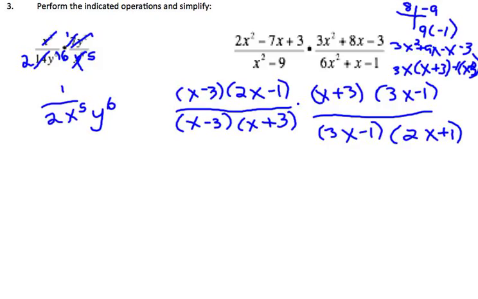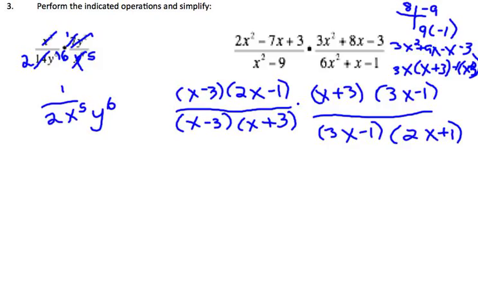I have 3x times 2x is 6x squared. Outer is plus 3x. Inner is minus 2x. 3x minus 2x gives me x. And then negative 1 times positive 1 is negative 1. So I showed you one of those three, but all three of these factored in that same way, the AC method or the T-chart method, or of course you can use trial and error. Whatever method you have for factoring those is perfectly fine.